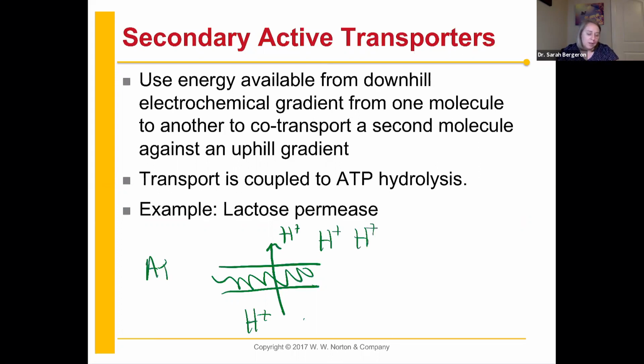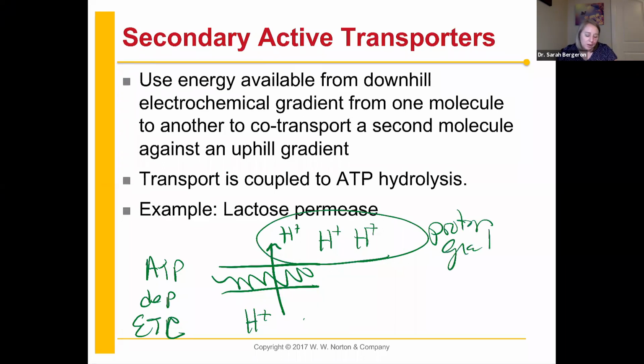So this is ATP dependent. This is like the electron transport chain. So in order to make our secondary active transporters go, we're going to use energy from a steep proton gradient. So what we get here is a proton gradient. To create that proton gradient, we had to use ATP. But the secondary active transporters aren't going to use ATP. They're going to say, okay, there's already a gradient here. I'm going to hijack that gradient.